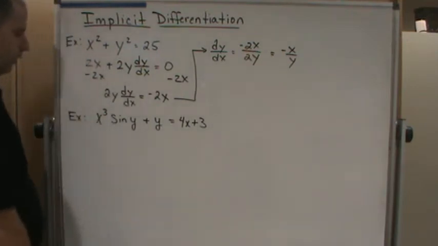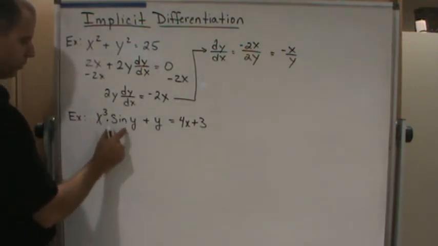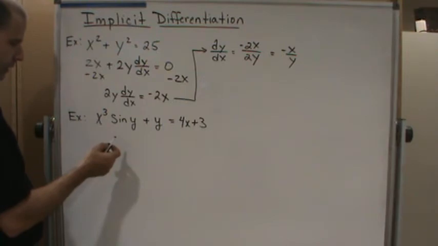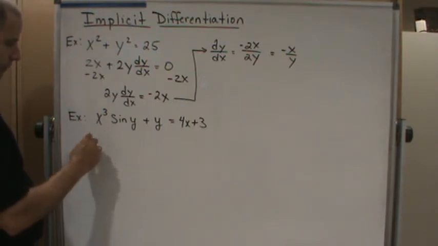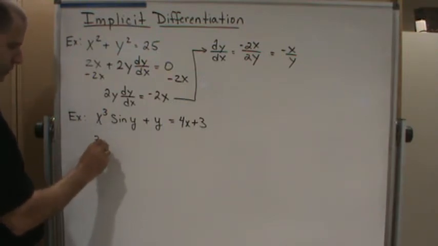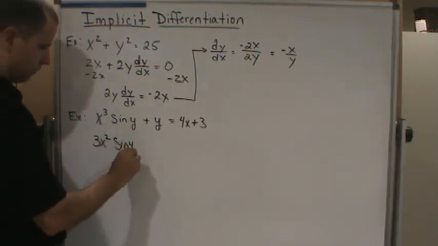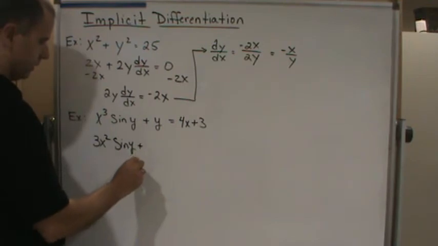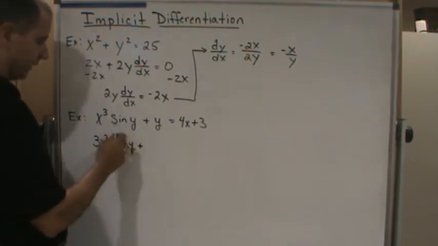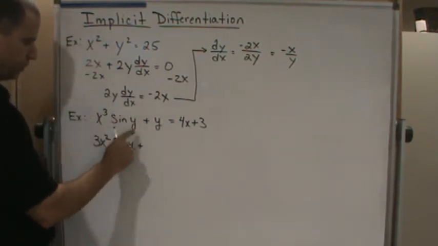So we're going to have to use the product rule here: the derivative of the first times the second, plus the derivative of the second. Now here's where y comes in, and we're going to have to use the chain rule.